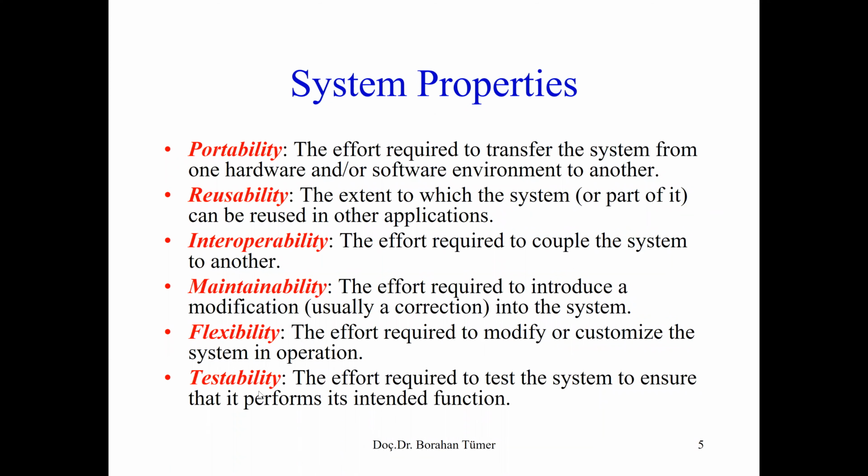These are all system properties related to the adaptability of the software product to undergo change, and each of these implies that the system should be as modular as possible, and each module should be as independent as possible.